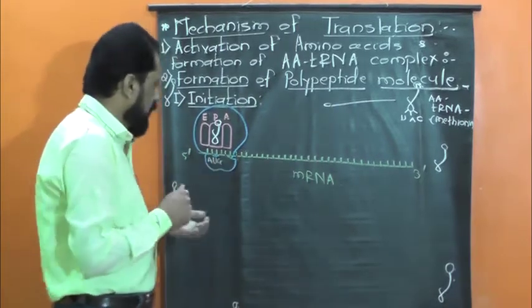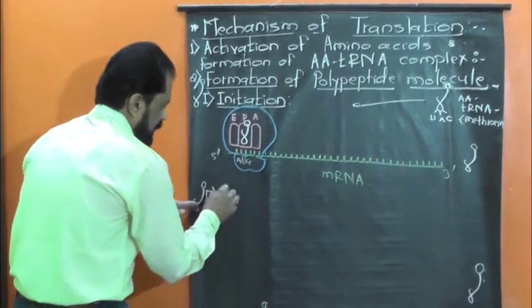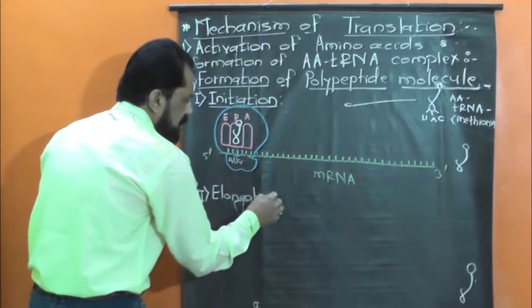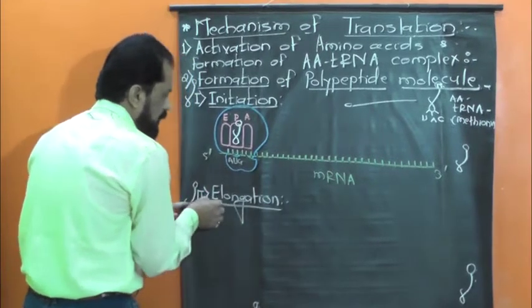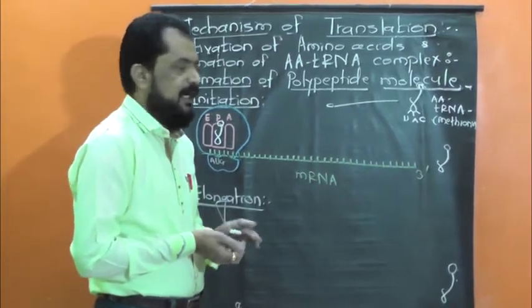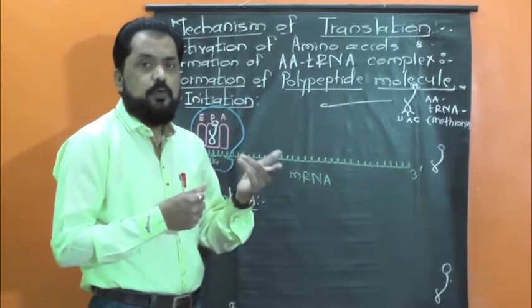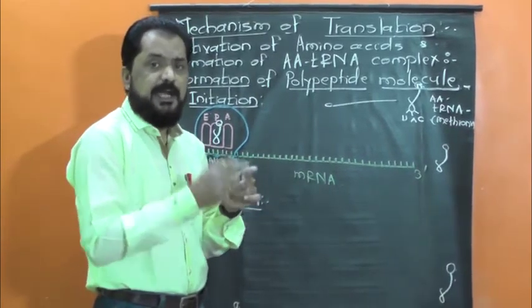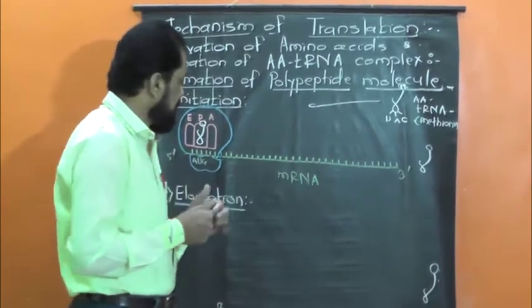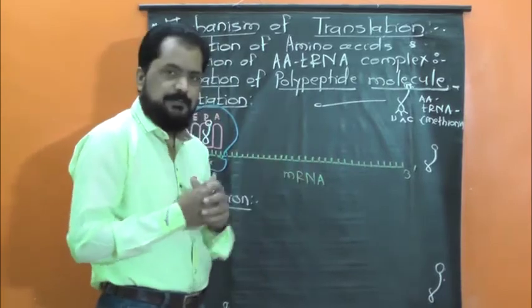Initiation is followed by the second step, that is elongation. Elongation is the process in which new AA-tRNA complexes are attracted toward the ribosome and thus the new amino acids get added to the previous one according to the sequence of codons present on mRNA.